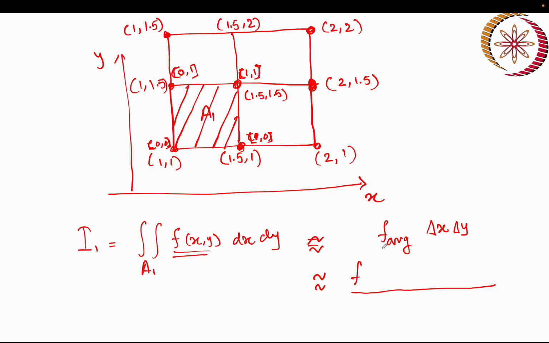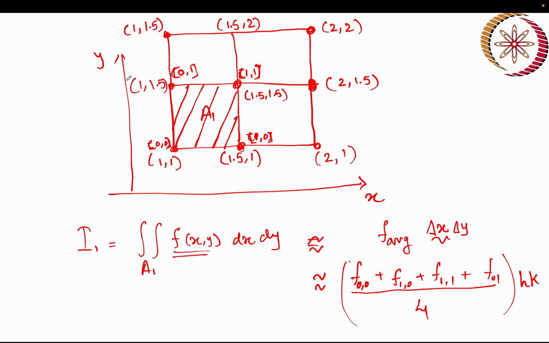So this will be f 0 comma 0 plus f 1 comma 0 plus f 1 comma 1 plus f 0 comma 1, divided by 4, times delta x delta y, which we'll call h k. So this is the integral just for this area 1.